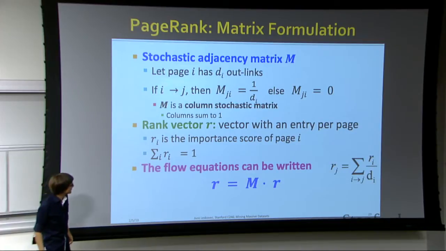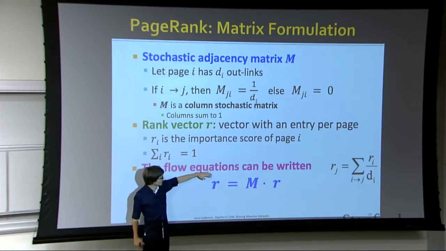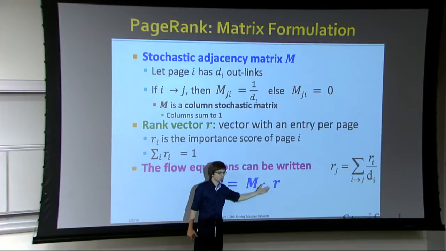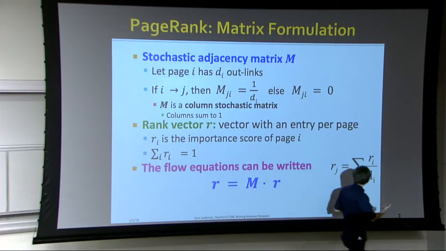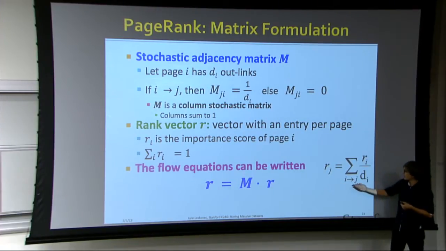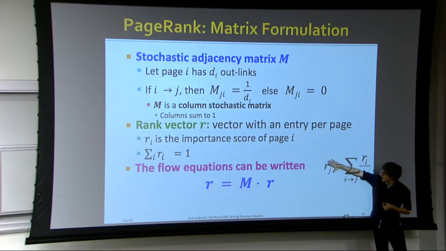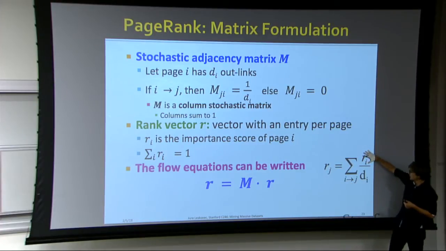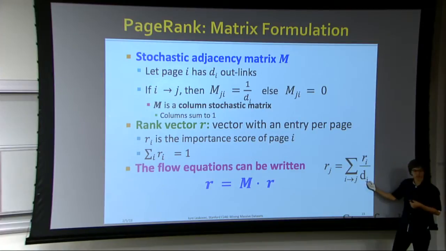And then it turns out that my flow equations from the previous slide can be rewritten as r equals M times r, okay? Why is that the case? Here are my previous flow equations that we like and we know. And if you look at it, what is this saying? It's saying the entry for node j is, over all the nodes i that point to it, importance of the node i multiplied by 1/degree of i, right?